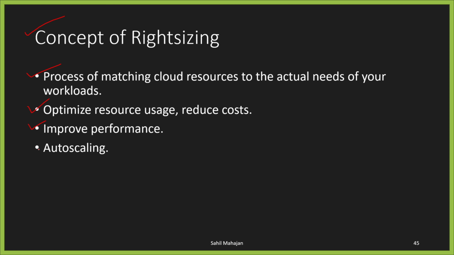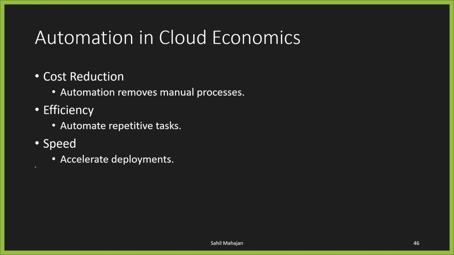And of course, auto scaling is a really important concept in right sizing. We will be learning quite a lot related to auto scaling when we dive into EC2, that is our virtual machine part of this course.